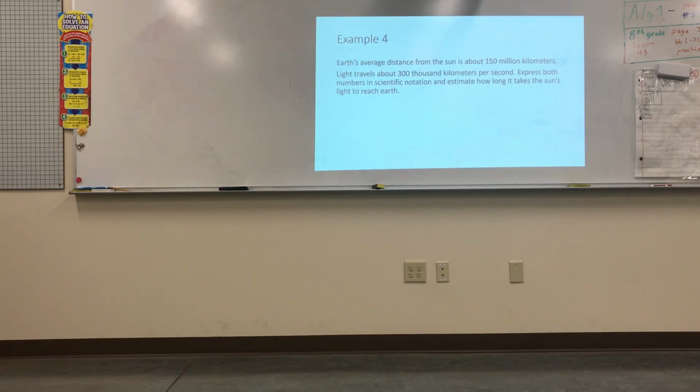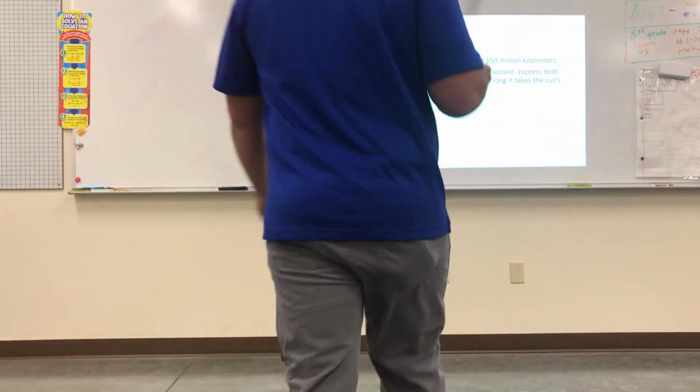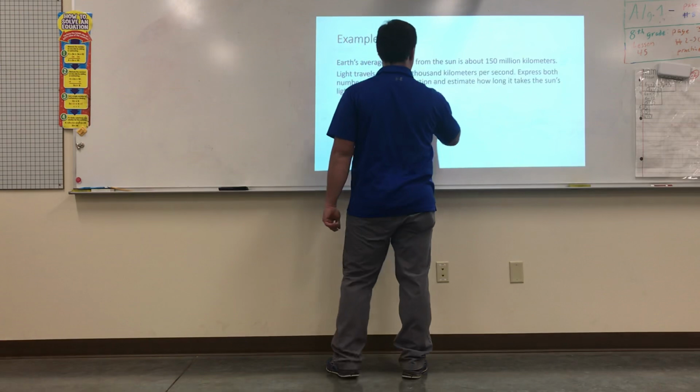And Earth's average distance from the sun is about 150 million kilometers. Light travels at about 300,000 kilometers per second. Express both numbers in scientific notation, and then estimate how long it will take. Okay, 150 million.